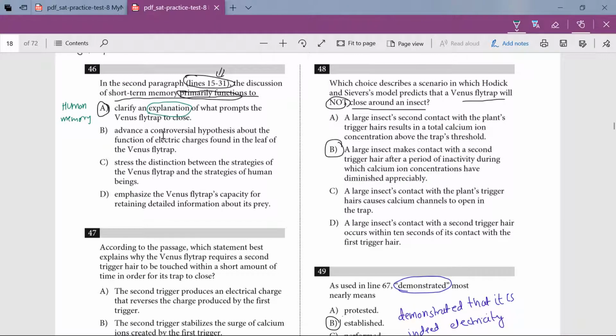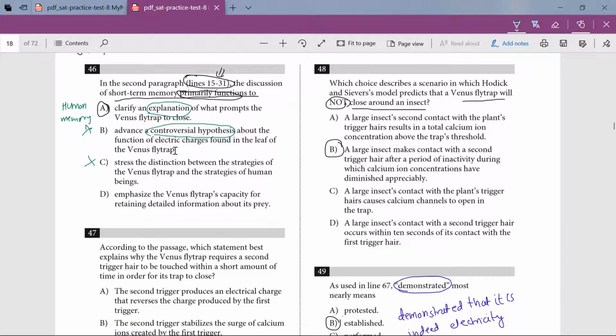Advance a controversial hypothesis. See, there is nothing controversial there. So this makes me cancel this option. Stress the distinction between strategies of Venus flytrap and strategies of human beings. We are not actually comparing for the purpose of finding some distinctions or dissimilarities. It was for the purpose of making us understand something clearly that they talked about human memory.